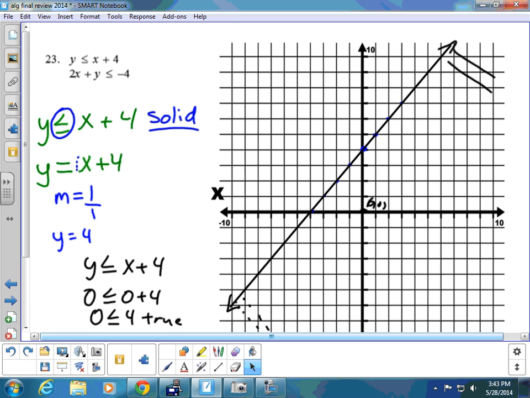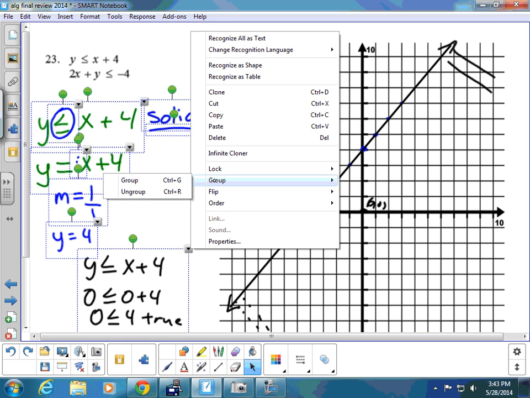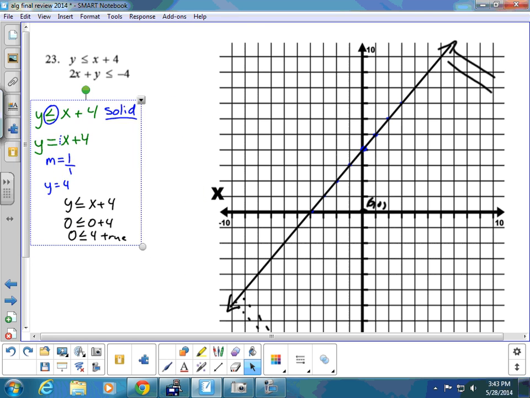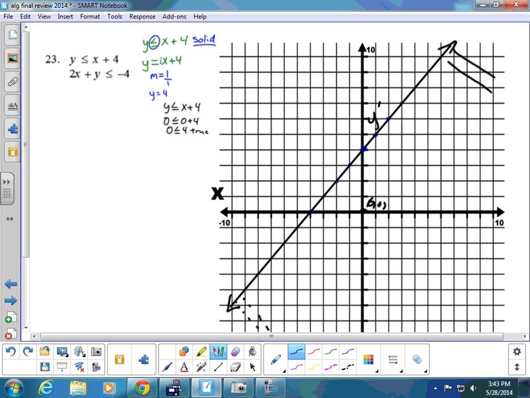Okay. Now we have to do the other line. So that's how we graph that one. We also want to label this line here: y is less than or equal to x plus 4.